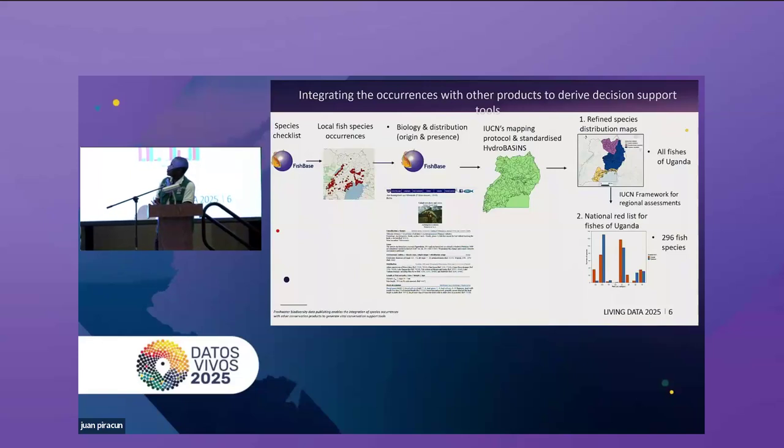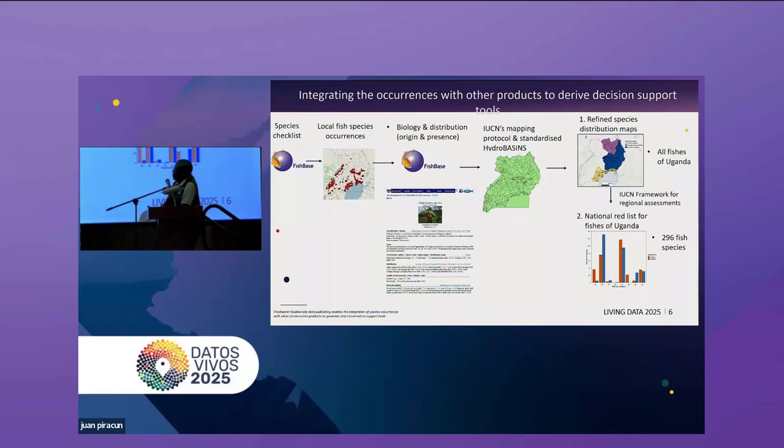And when we go to FishBase, we get information on biology and distribution of different fishes. And when we integrate all that information with the spatial data for mapping distributions of fishes from the IUCN, we get refined distribution maps as our first decision support tool that can help decision makers to make decisions to guide development.